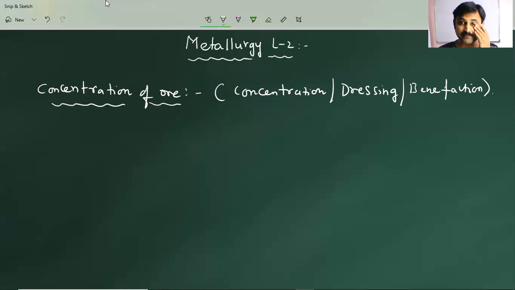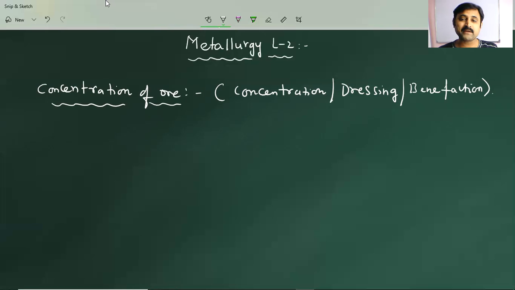So we have one important terminology in this metallurgical operation, that is gangue particles. Gangue particles are the unwanted materials called sand, clay, etc. Even there may be metals which are not required for our extraction.